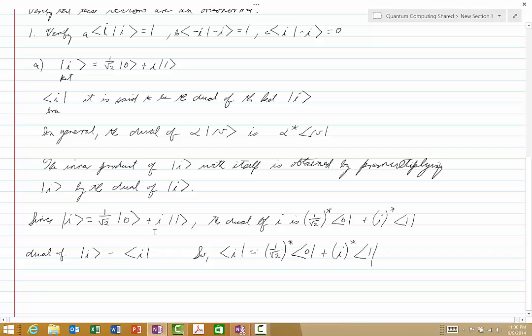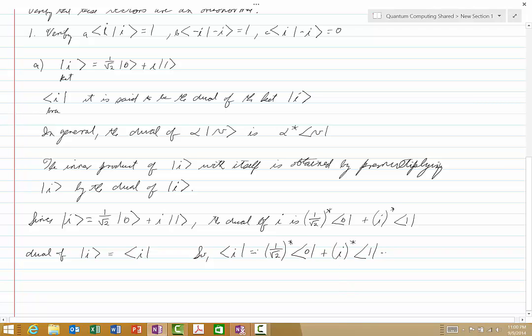And once again, just look at these two equations. When we take the dual of a ket, any scalar part will get conjugated, and any ket will be turned into a bra. So this ket is turned into this bra, this ket is turned into this bra, and this scalar is conjugated to give this.